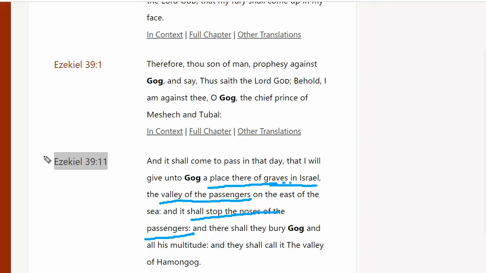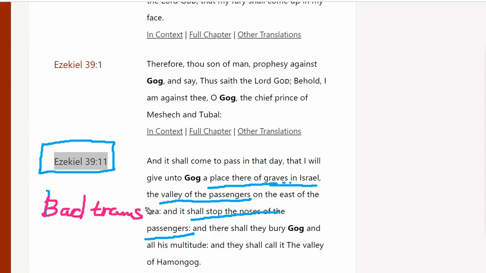So in the next video we are going to look at Ezekiel 39:11 and look at the other Bibles, because this, let's put a good color here, I call it a bad translation. So we need to look into that and read. So with this, I thank you for viewing.